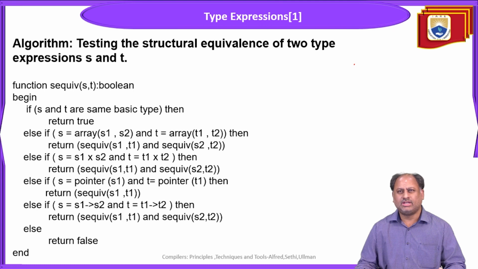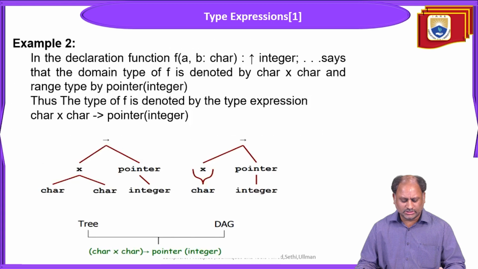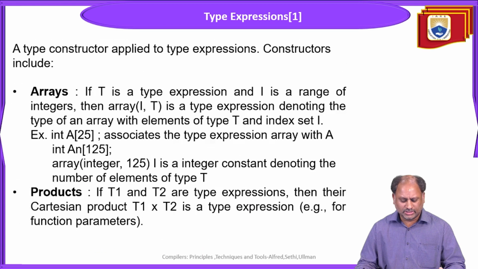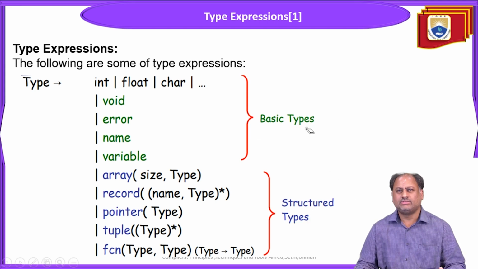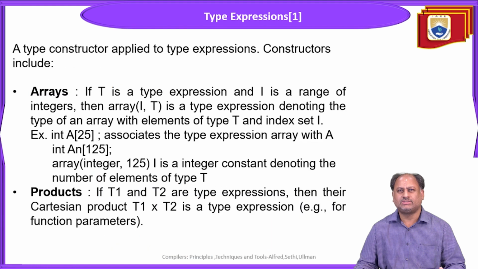So we have seen an algorithm also for how the structural equivalence takes place for two type expressions. Basically the expressions are of two types: basic type first, another one is structural type. If basic types are the same type, or array type, constructor type, and both are matched, then that is considered structurally equivalent.